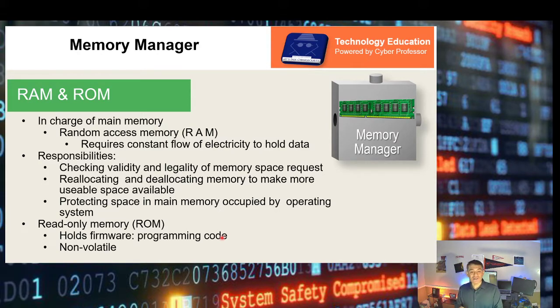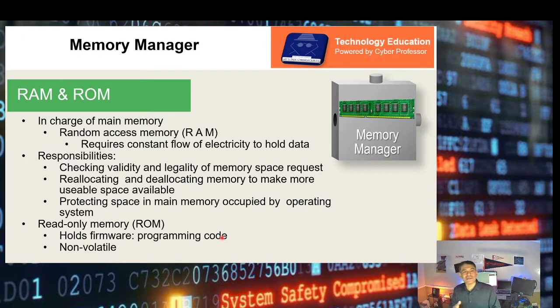It requires a constant flow of electricity to hold data. So whenever you shut down that computer, whatever existed as data in the RAM disappears, because as soon as you remove electricity from the RAM, all the data is gone.